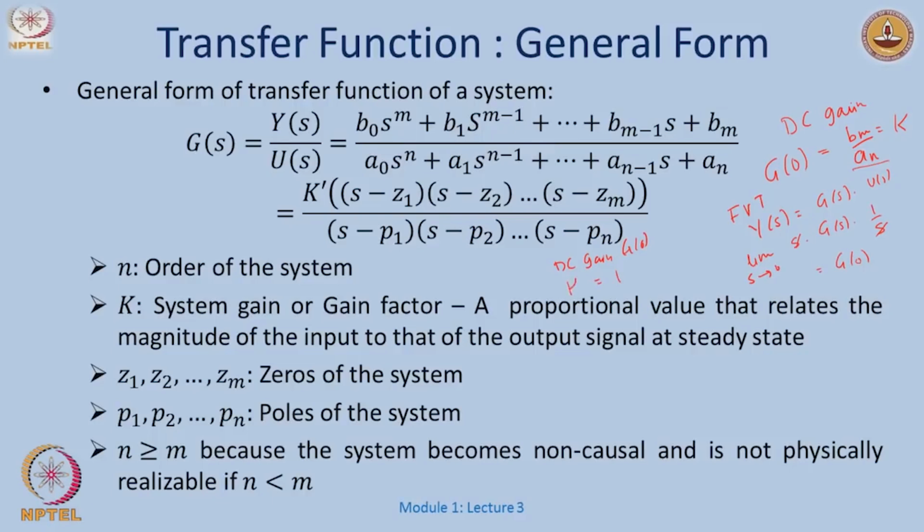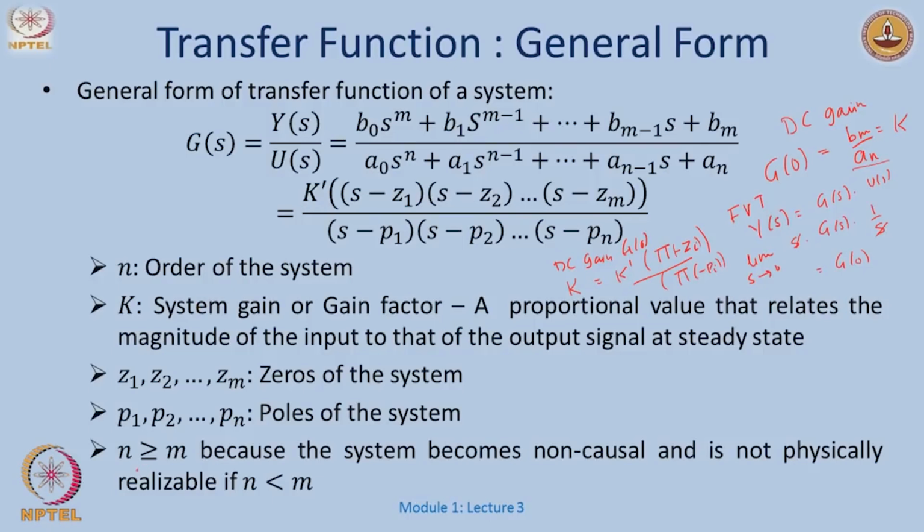So, the k here would be this number k prime multiplied by the product of all the zeros with a minus, over the product of all the poles. We will see shortly why this k prime is important to us.